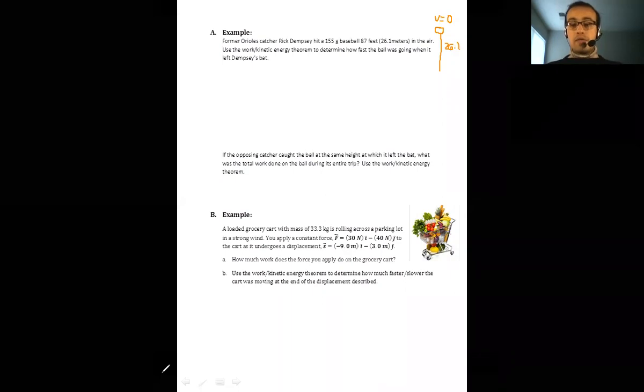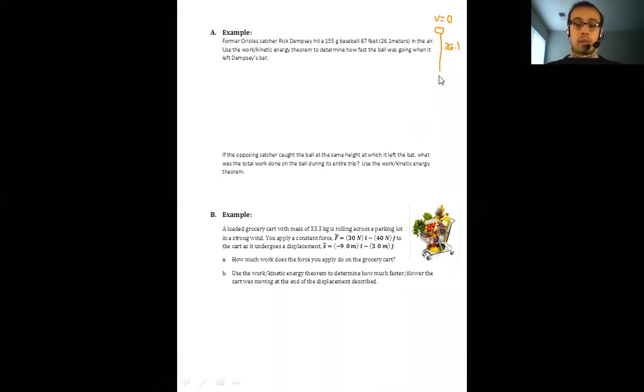So we can think of this either as trying to determine the negative work done by gravity to get the ball to stop in a distance of 26.1 meters, or alternately, we know that the ball falls from a distance of 26.1 meters to the ground. We also know that the velocity as the ball left the bat is going to be the same as the velocity when the ball has returned to that same height.